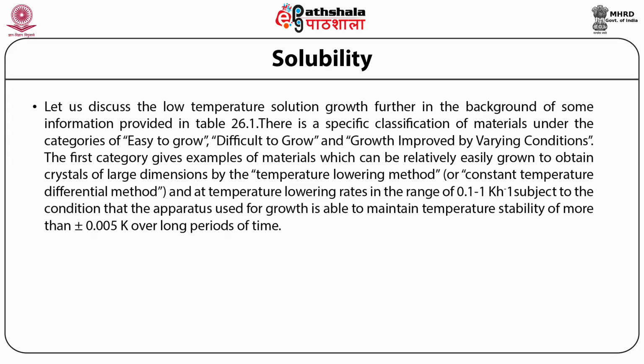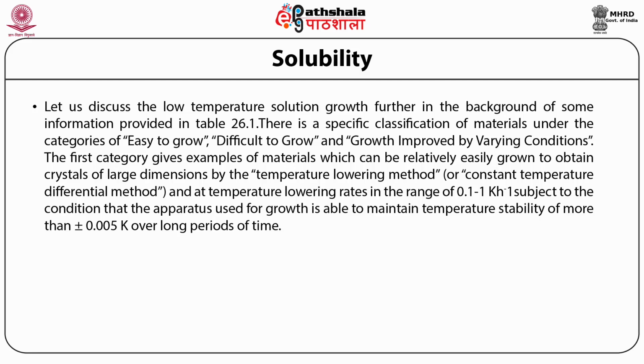Let us discuss the low temperature solution growth further in the background of some information provided in table 26.1. There is a specific classification of materials under the categories of easy to grow, difficult to grow, and growth improved by varying conditions.